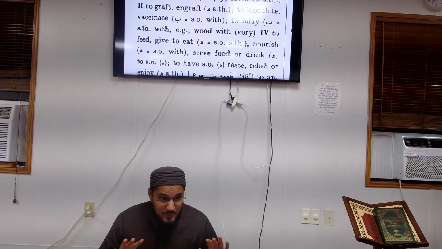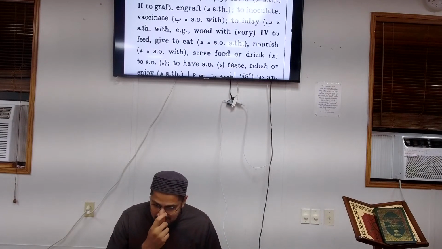That's form 1. The default is form 1. Now, you've told me that this verb in our book is not form 1. Rather, it's form 4. And how did we identify that? Our prefix has a dhamma, and our middle letter no longer has a fatha. Remember, our middle letter here in form 1 had a what?